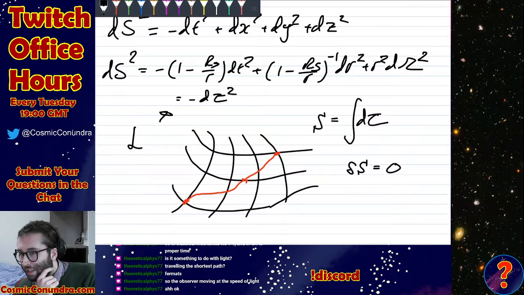Yeah, it is interesting. These action principles are all very interesting, and they've got an enormous range of applicability. I want to think more now about why you could think that the proper time has to be extremized.